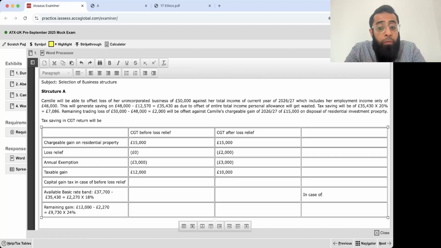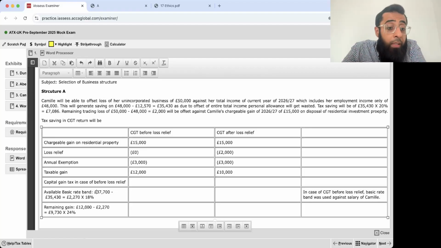See, sir, why did we do this working? In case of CGT before loss relief, the basic rate band was used against Camille's salary, because in this situation, we are assuming that there is no loss relief done.